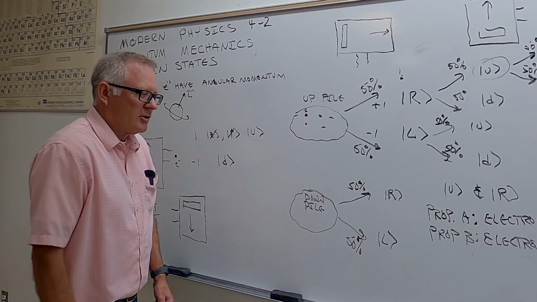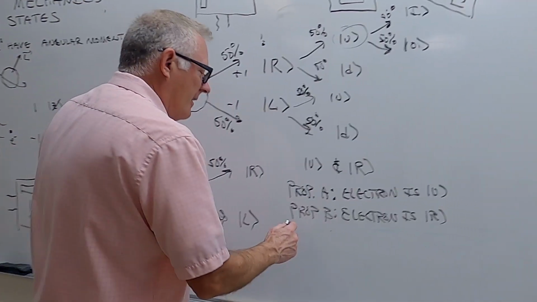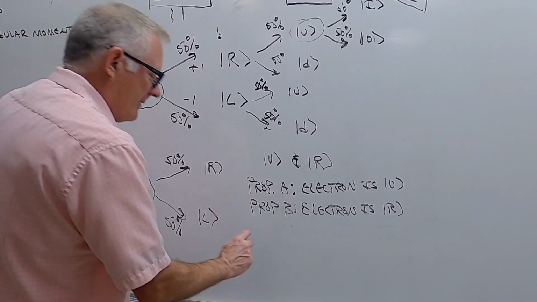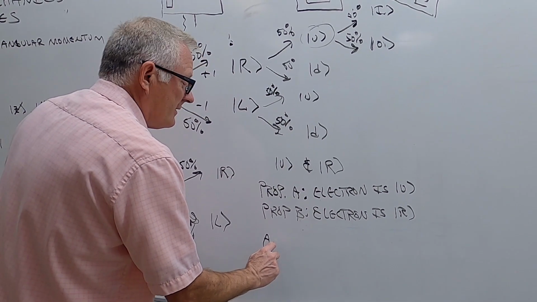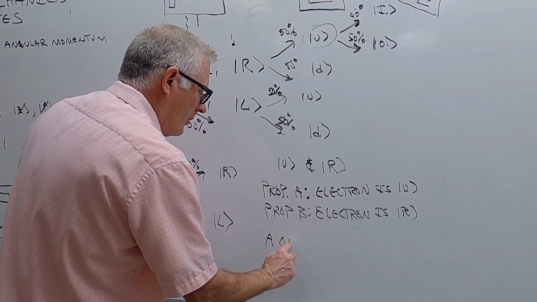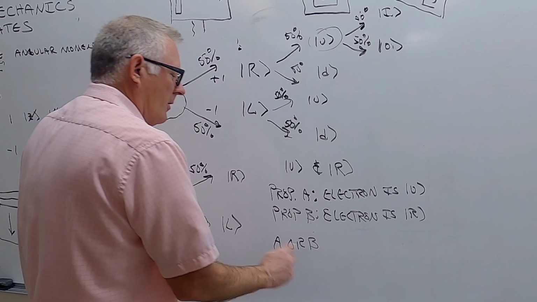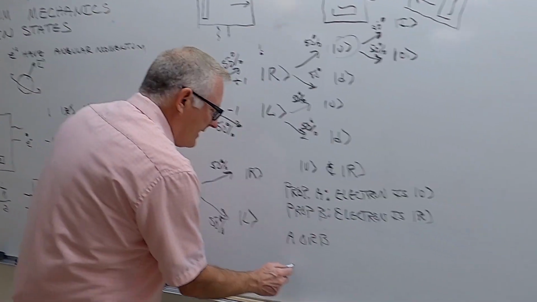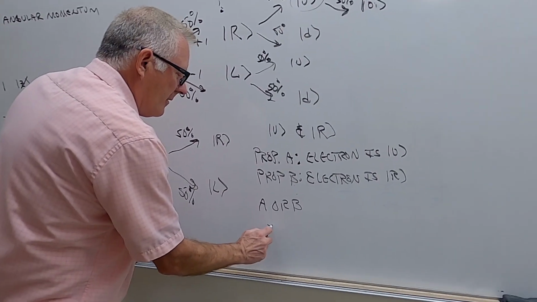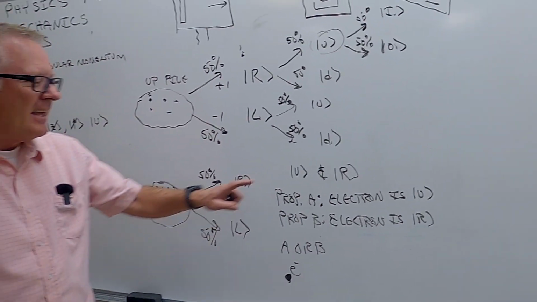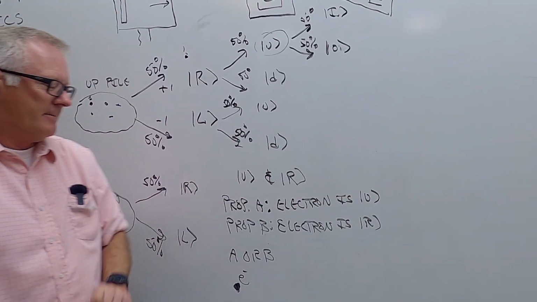Now we ask, what is the probability of A and B? Let's say A or B. What's the probability that if I grabbed an electron, it's either up or right?